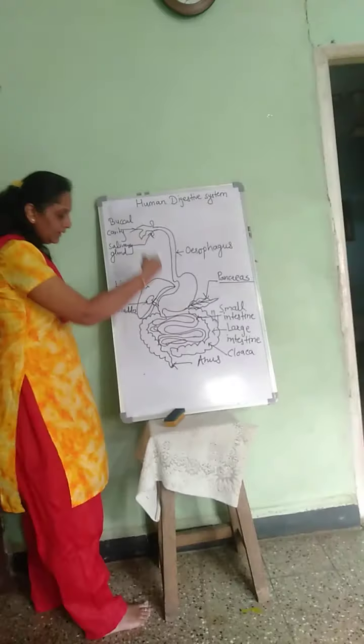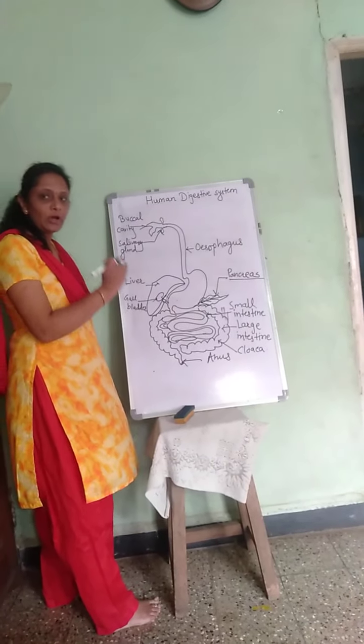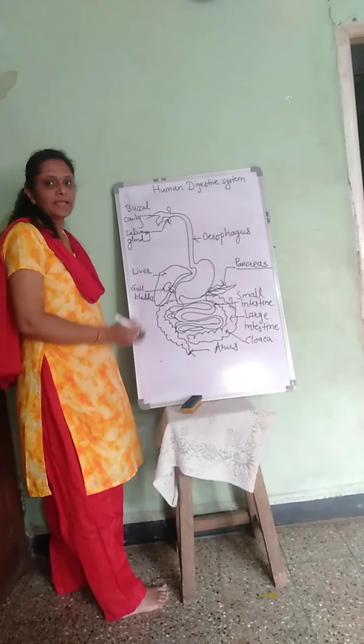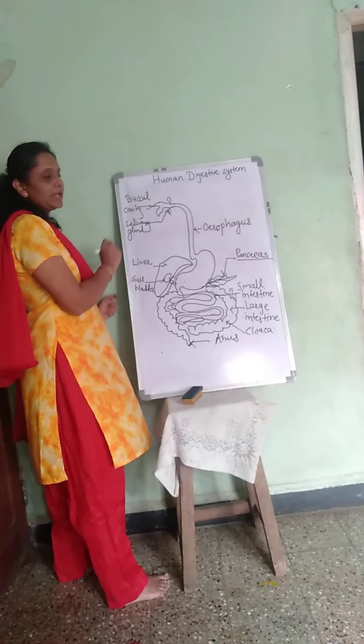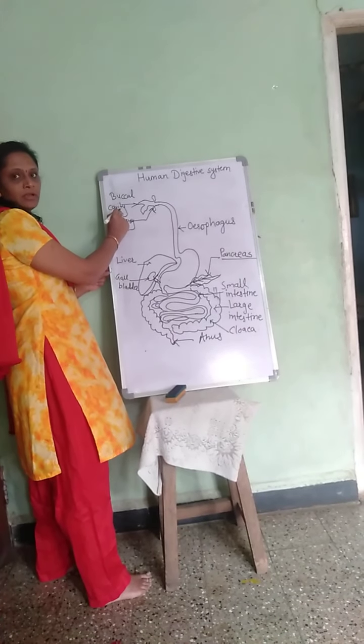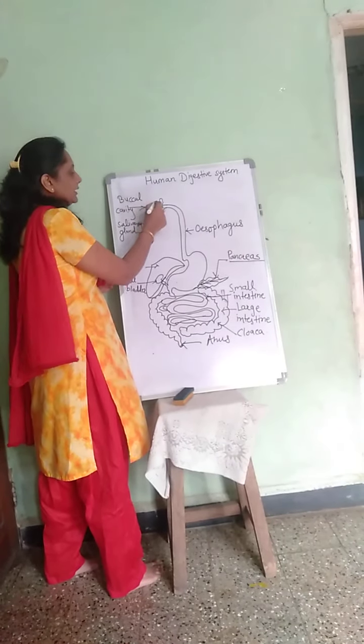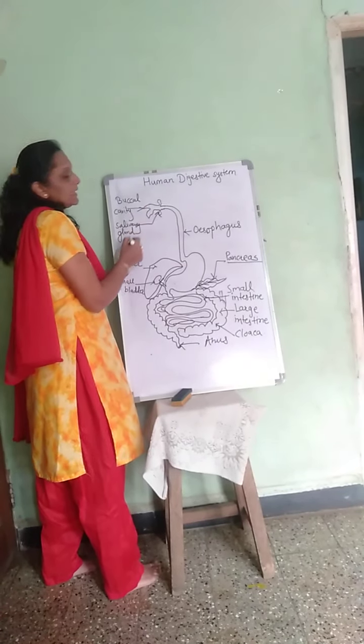So we will revise it again. I hope you understood what the different organs are and where they are located in our body. We will start again with the buccal cavity, which has the tongue, teeth and the salivary glands.